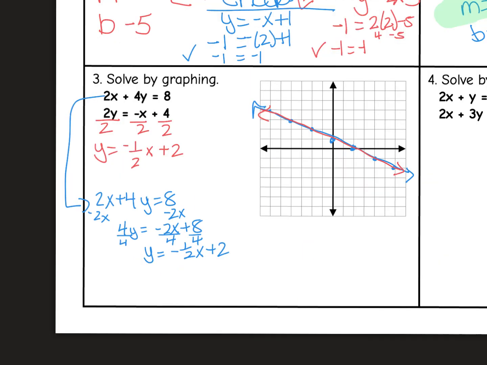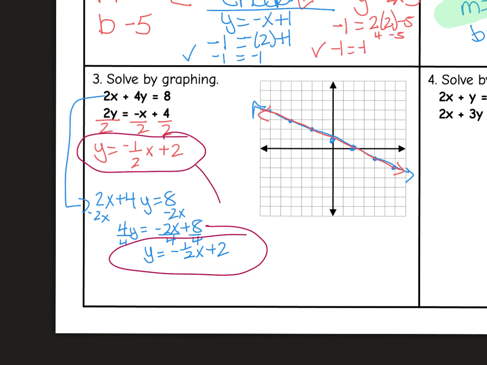So welcome back. I'm hoping that the first thing that you should have done is you converted both of these into slope-intercept form. And when you did you noticed both of these equations matched, which means they were the exact same line. I did go ahead and graph both of them just so you can see. They share numerous points, numerous solutions.